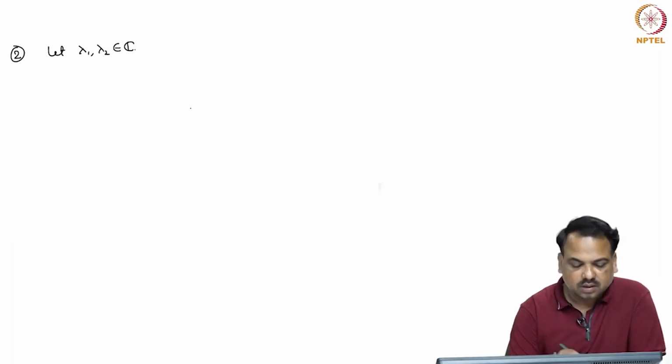Okay, let us look at one more simple example. Let us take lambda 1, lambda 2 to be complex numbers.